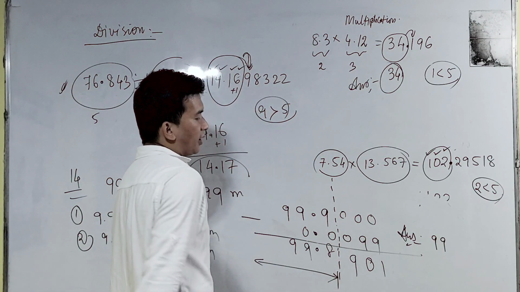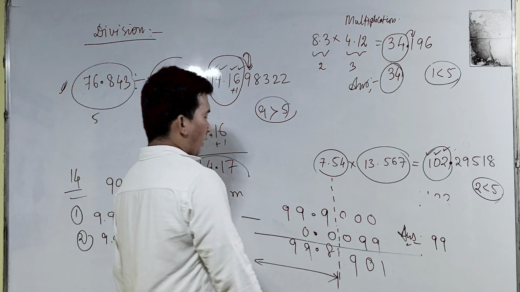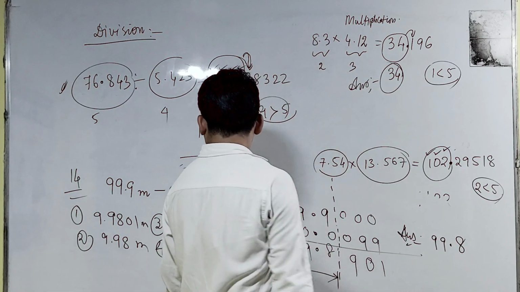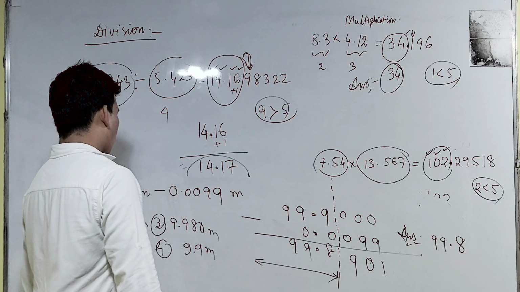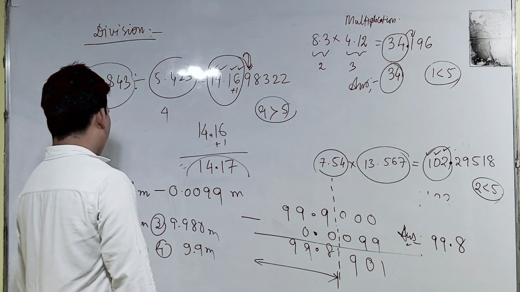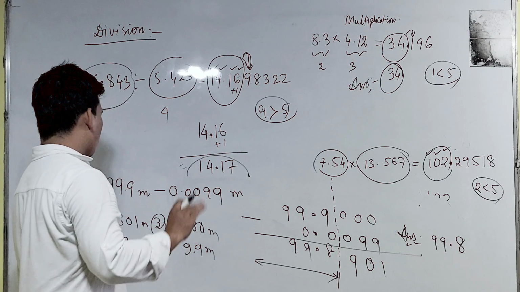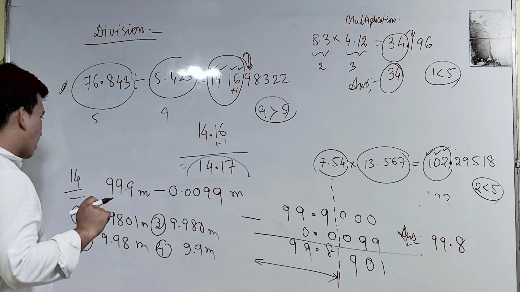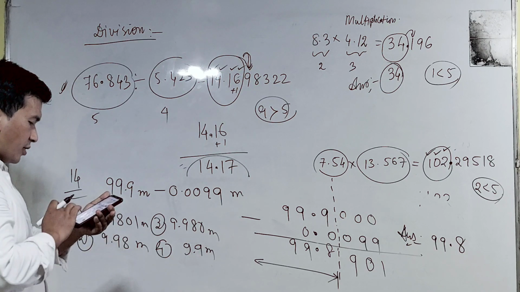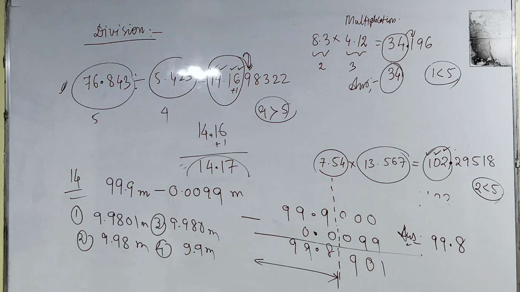We get this much. Answer will be 99.8. Consider. So option number 4, 9.980. Let me check the answer first, just 1 second.